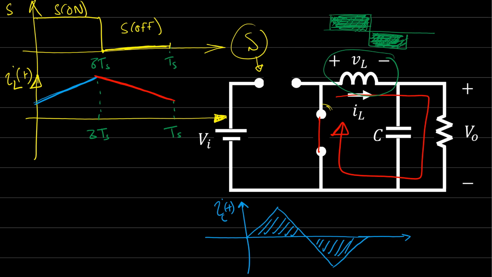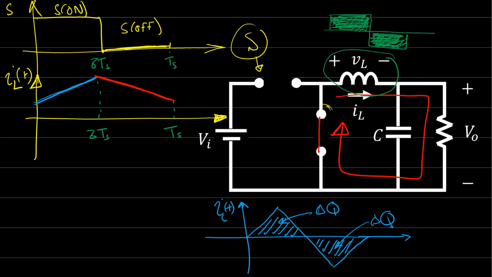To make sure that we have a stable operation, this charge must be exactly equal to this charge. If these two areas are the same, definitely we have a stable, balanced operation, and our converter will work properly, so we have a sustained output voltage.